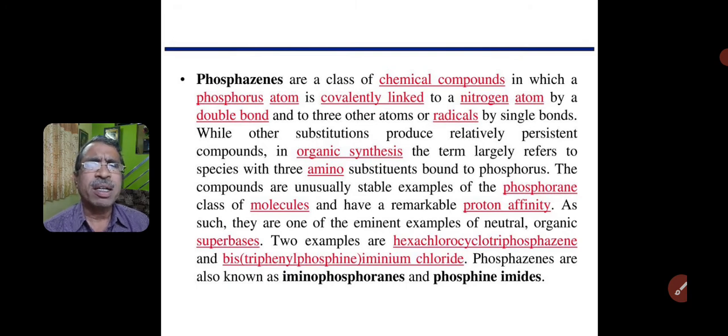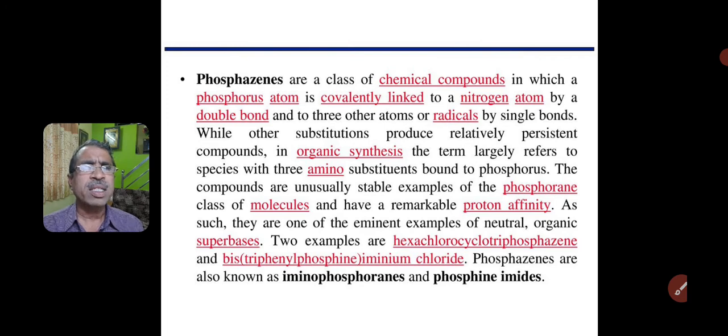Now, let us see how the phosphazene can also be explained. This slide says phosphazenes are a class of chemical compounds in which a phosphorus atom is covalently linked to a nitrogen atom by a double bond and to 3 other atoms or radicals by single bonds, while other substitutions produce relatively persistent compounds.